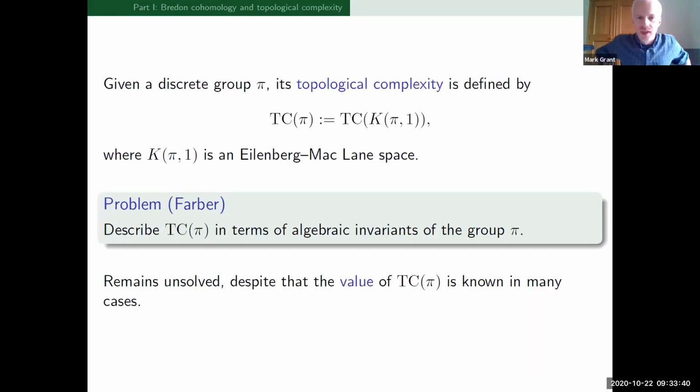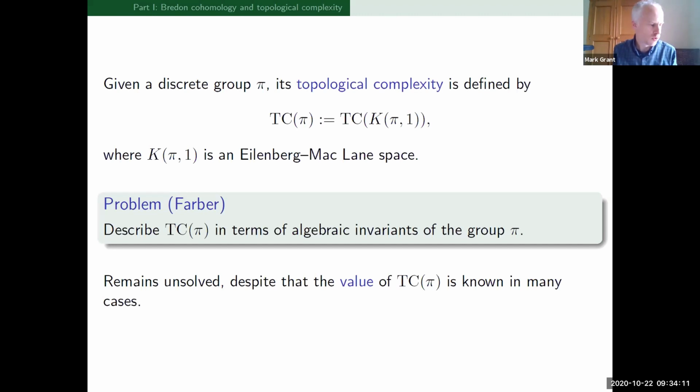Now, the problem which has interested me and many people for a long time is the following. Suppose you have a discrete group pi, and you ask what is the topological complexity of a K(pi,1), a space whose fundamental group is pi and whose higher homotopy groups are all trivial. We know that this is determined uniquely up to homotopy type, and therefore TC(pi) is an invariant of the group pi.